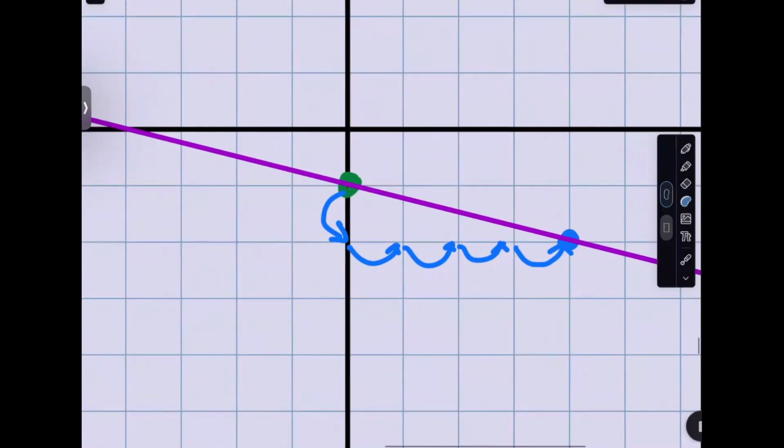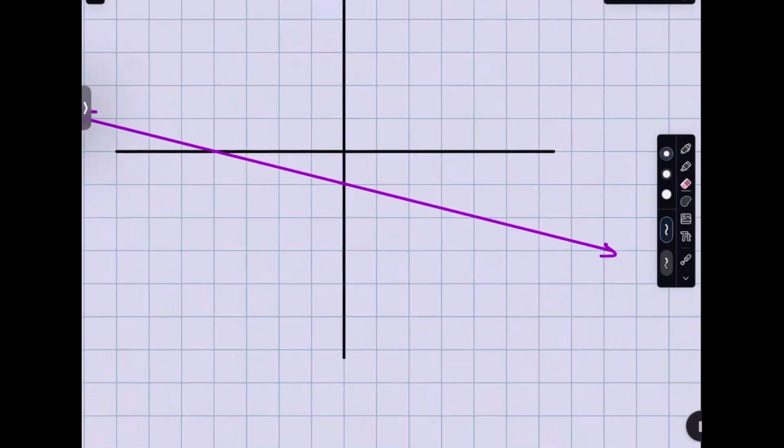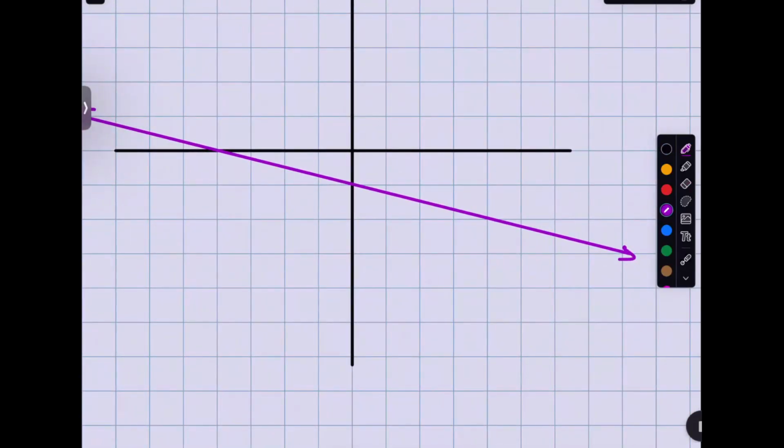Let's say I don't use these points here. All right? Let's say I want to find a slope. Same thing. I can just find 2 points. So I look at it.